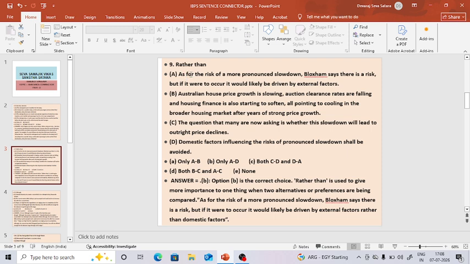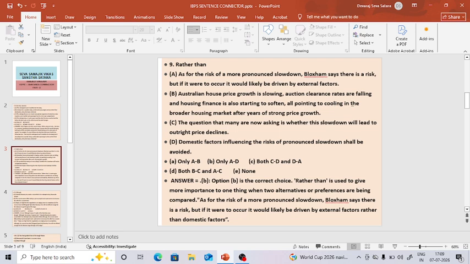As for the risk of a more pronounced slowdown, Bloxham says there is a risk, but if it were to occur, it would likely be driven by external factors. Australian house price growth is slowing, auction clearance rates are falling, and housing finance is also starting to soften.